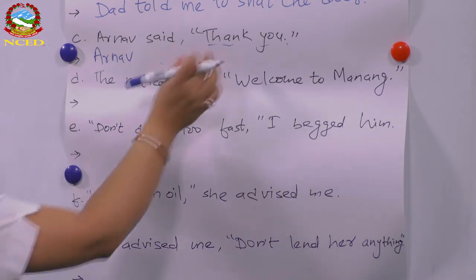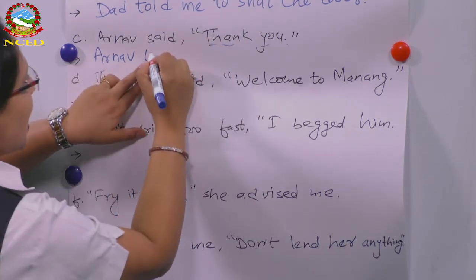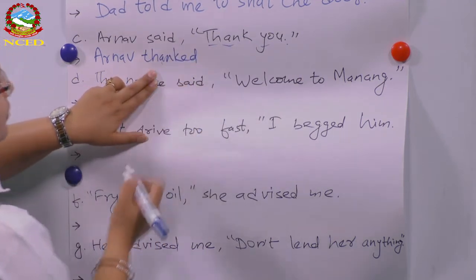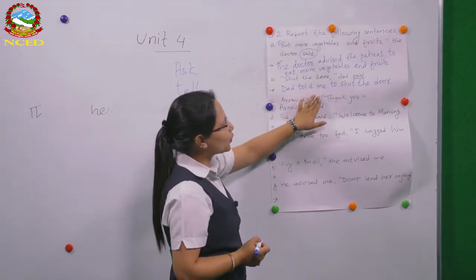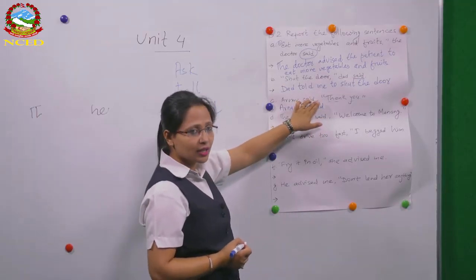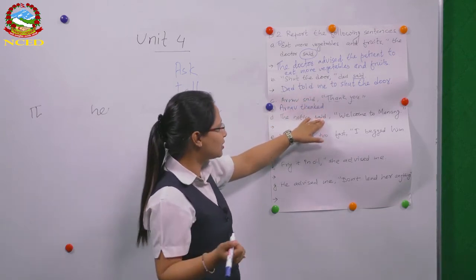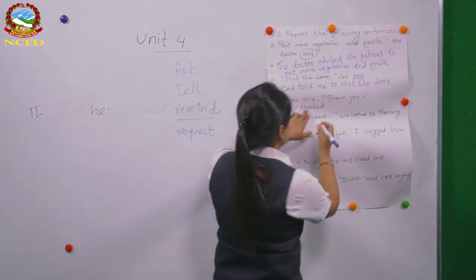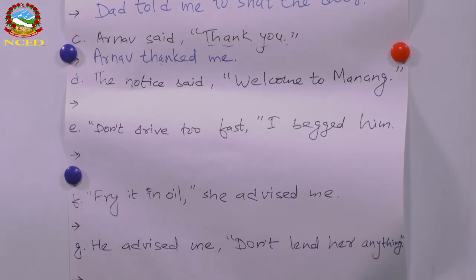So the verb here is thank. So what we do is simply Arnab thanked. Okay, because this is in past tense, we need to make it past as well. And there is no object given here in the sentence. Again, it is up to you what object you want to add. So you can simply add me, that's easy. Okay, Arnab thanked me.